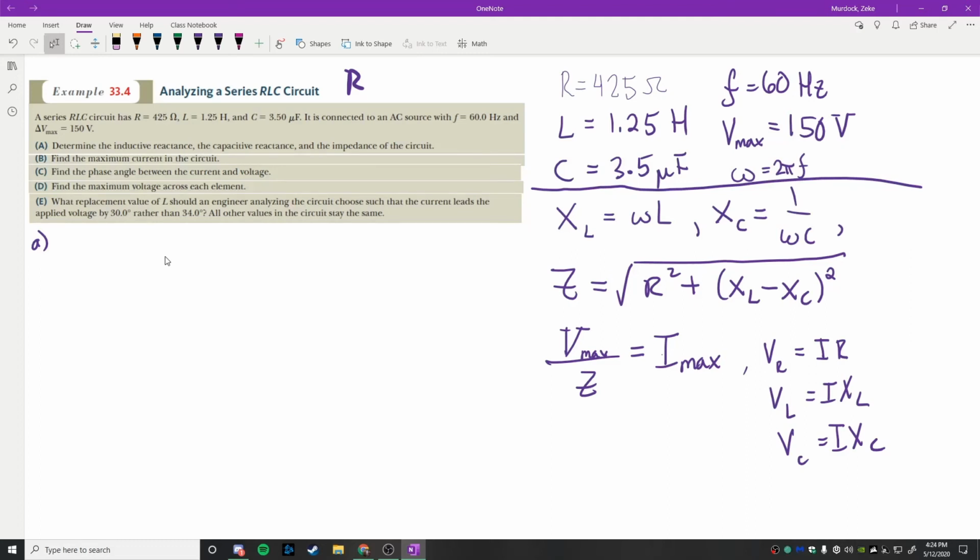All right, see if you can solve these. Feel free to ask if you have any questions.